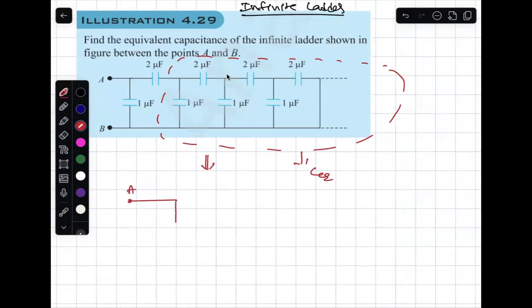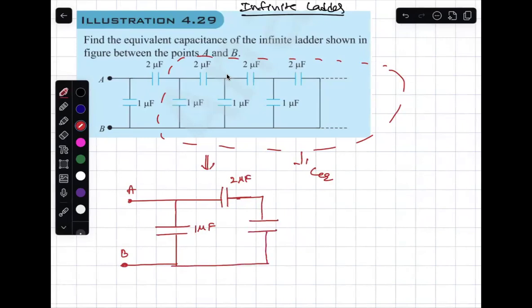A, 1 microfarad, B, 2 microfarad, and it is nothing but C equivalent. What if I ask across AB the circuit? This is also C equivalent. Actually, if I question you here only, it is C equivalent.